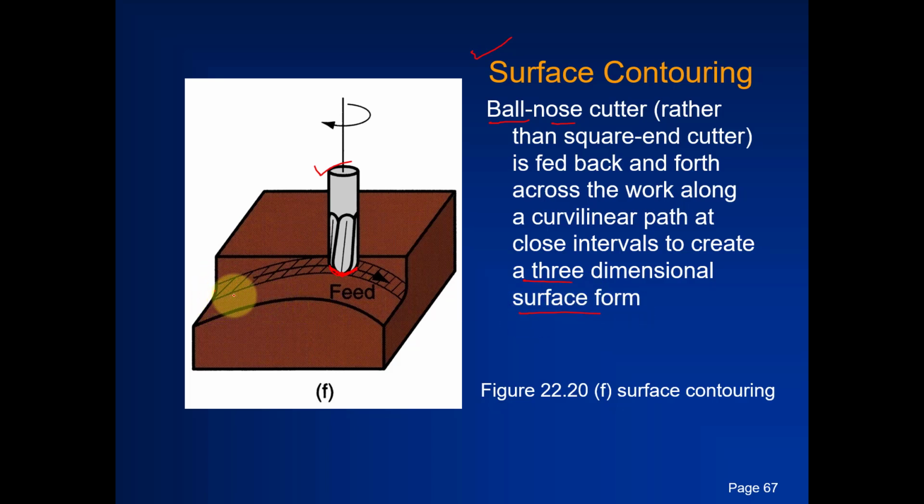So basically, in order to produce this surface, it is very difficult to get a surface like that. But we can achieve it by using a milling operation. Clear? So whenever you need any contour surface, you will use surface contouring.